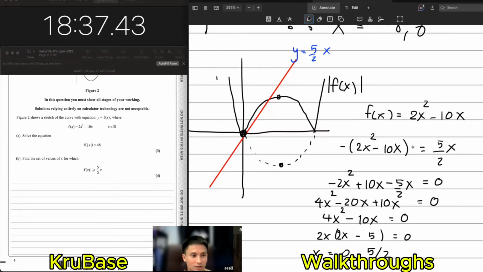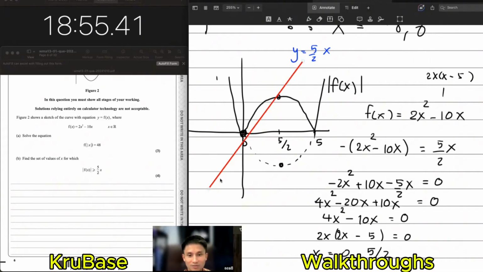So we know that if we factorize this guy, it's going to be 2x and then x minus 5, right? That's the factorization of that part. So this is 0 and 5. So 5 is here, 0 is there. This should be 5 over 2. So actually, the line, just out of interest, cuts at the maximum. Yeah, it should look like that.